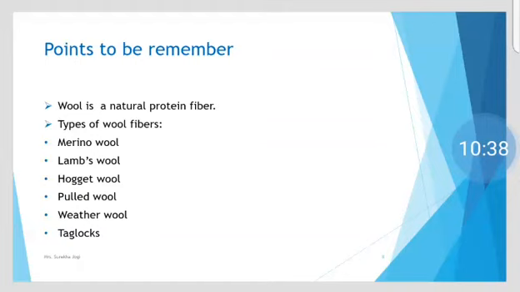There are various types of wool: merino wool, lamb's wool, hogget wool, pulled wool, wether wool and taglocks. Merino wool, lamb's wool and hogget wool are superior quality wool, so used for producing high quality products, and pulled wool, wether wool and taglocks are inferior quality wool, so used for low quality products.